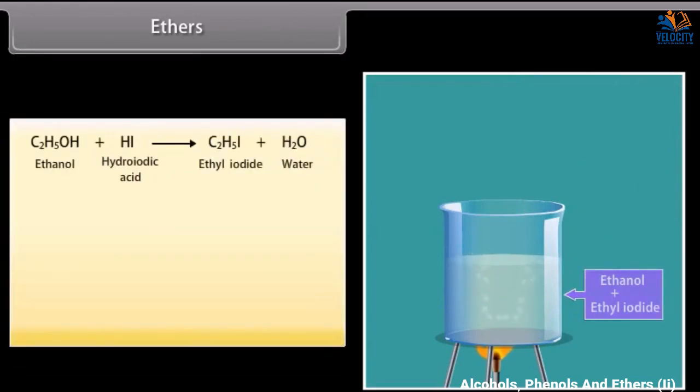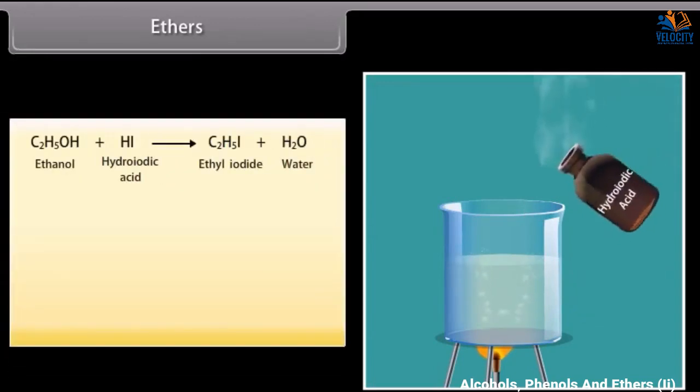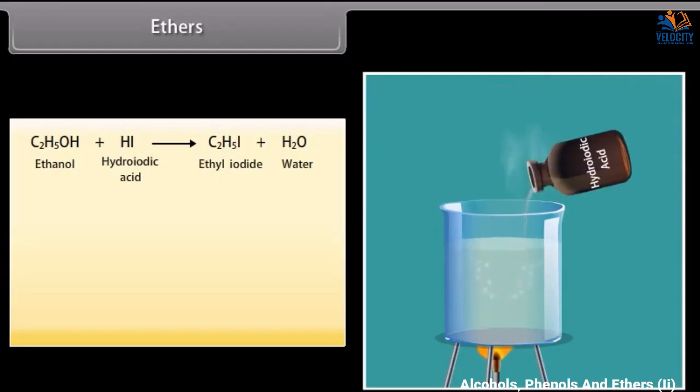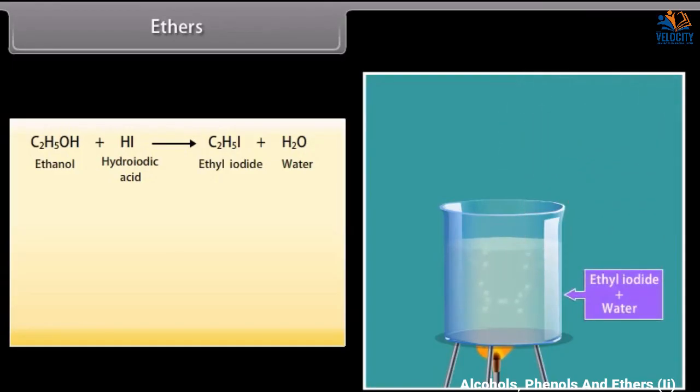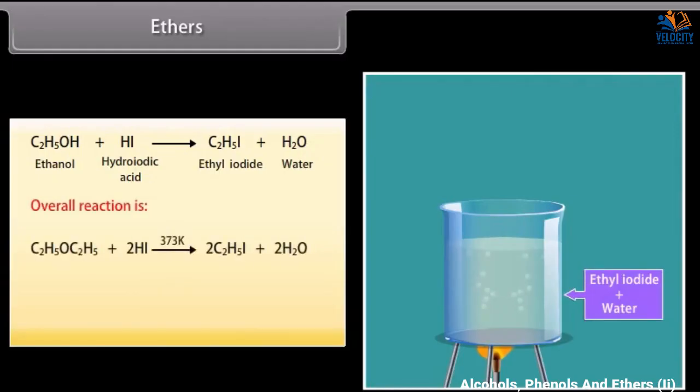With excess of hydroiodic acid, the alcohol formed further reacts to form ethyl iodide. The overall reaction is hydroiodic acid reacting with diethyl ether at 373 Kelvin to form ethyl iodide and water.